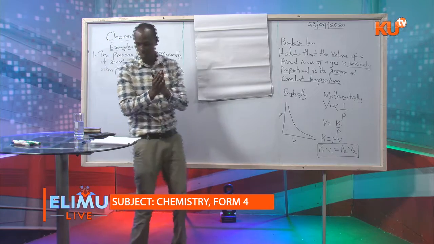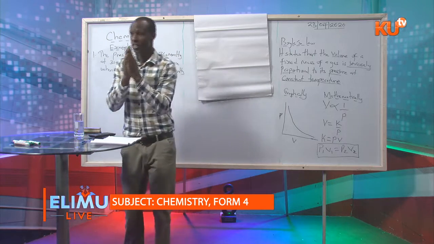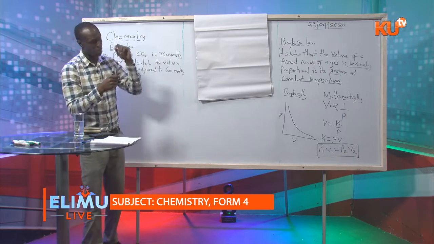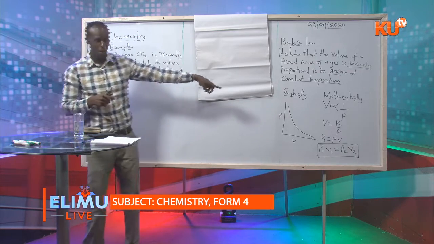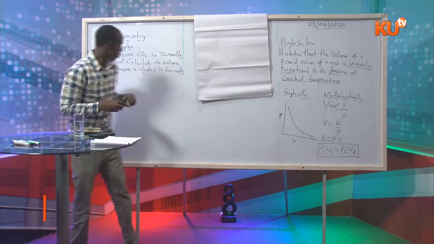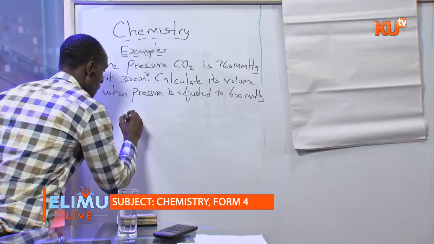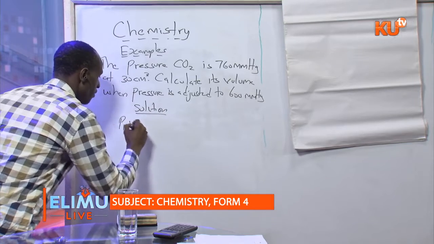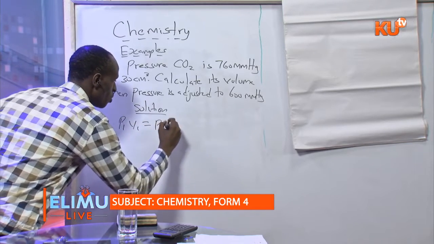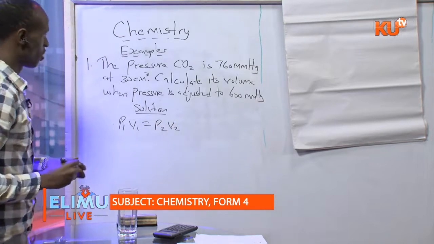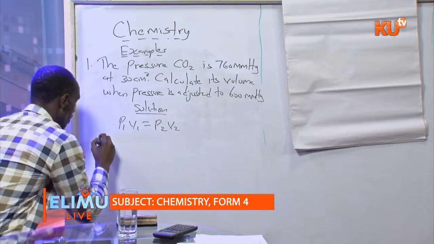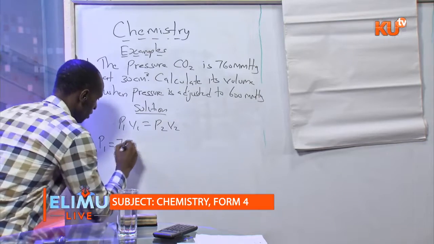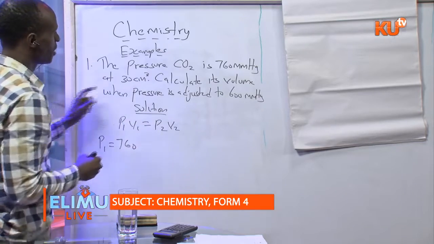Earlier, I indicated that Boyle's law deals with pressure and volume. So if you have been given those two conditions, automatically my mind should hit that I'm applying Boyle's law. The solution will be P1 V1 equals P2 V2. That's Boyle's equation. What is your P1? The first pressure is 760 mmHg.